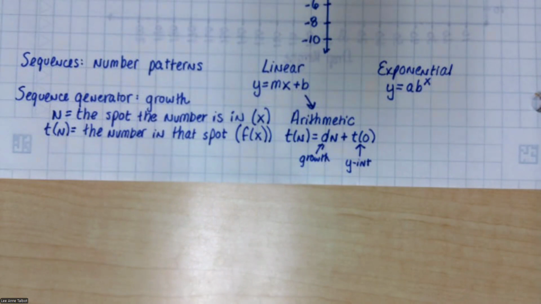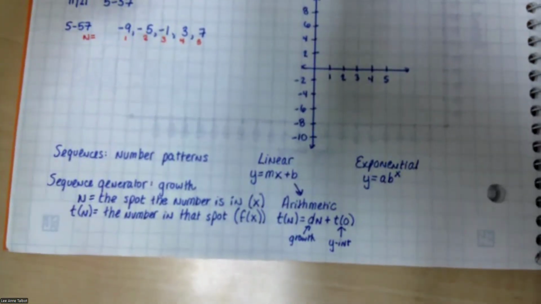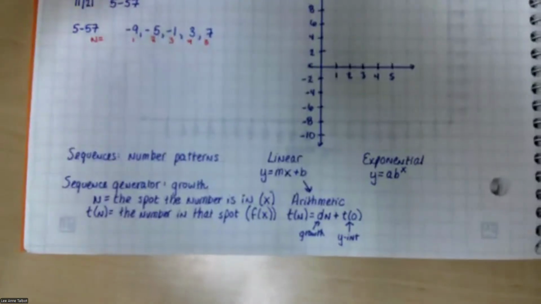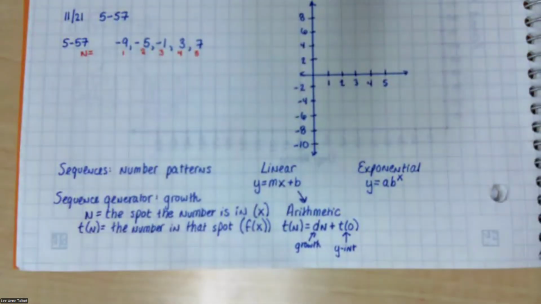Okay, let me show you the sequence again at the top. Look at the number pattern. What's happening to this pattern in blue? Yeah, it is by how much each time? Four. Okay, so the growth is 4.